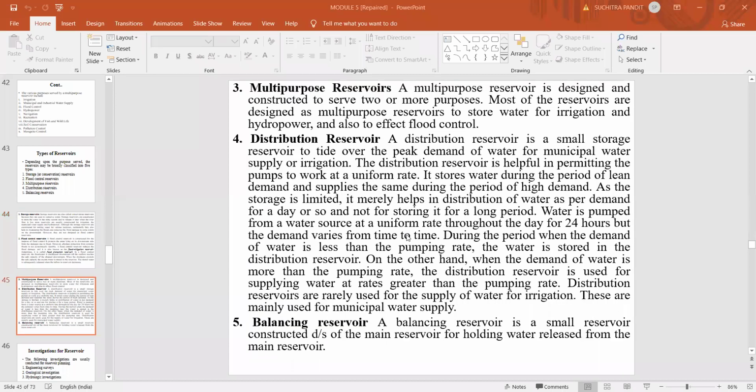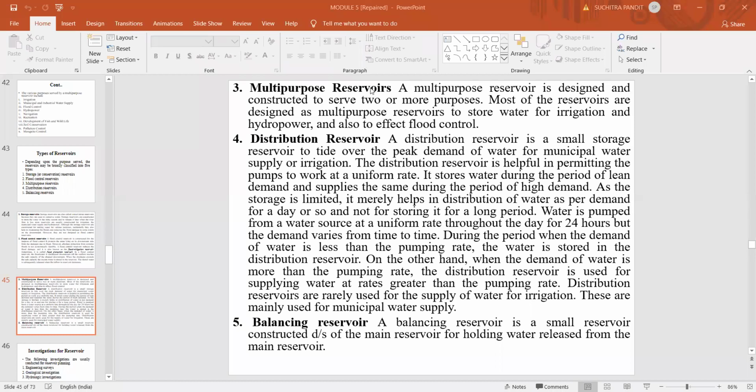The third type is the multi-purpose reservoir. A multi-purpose reservoir is one designed and constructed to serve two or more purposes. Most of the reservoirs are designed as multi-purpose reservoirs to store water for irrigation and hydropower and also to effect flood control.